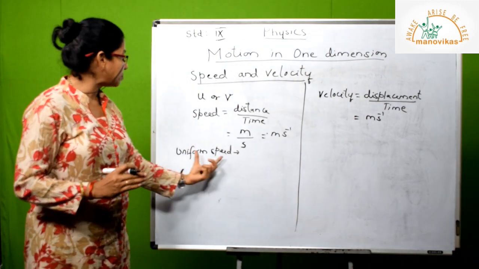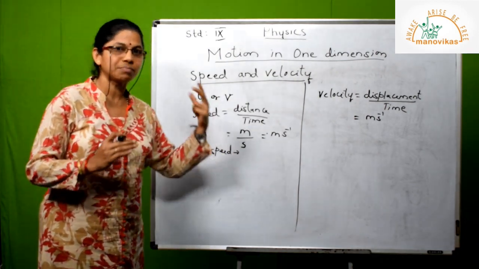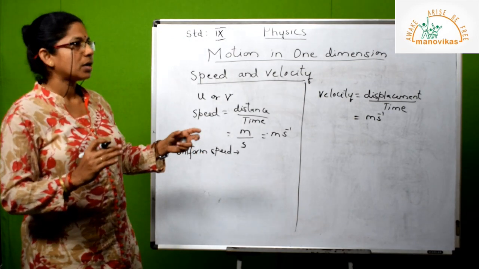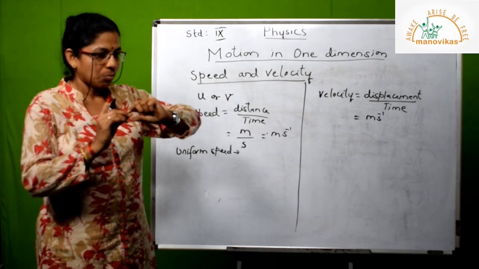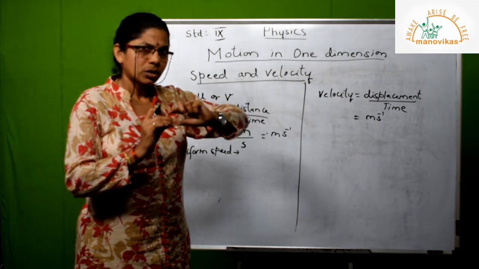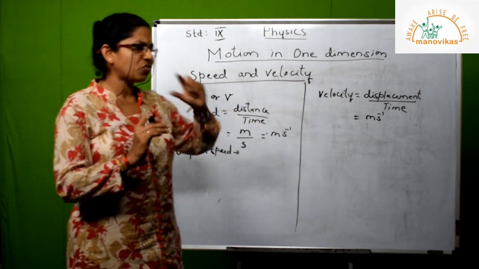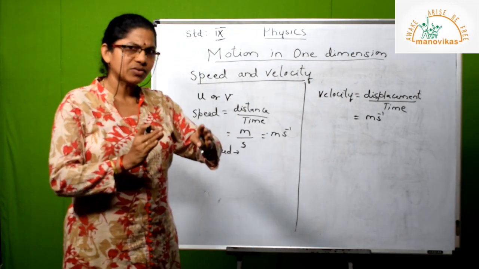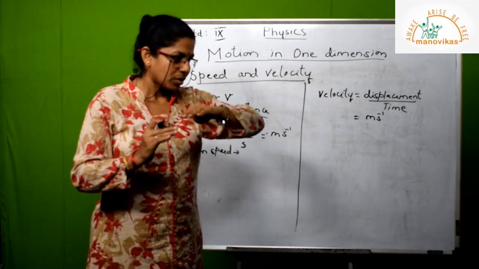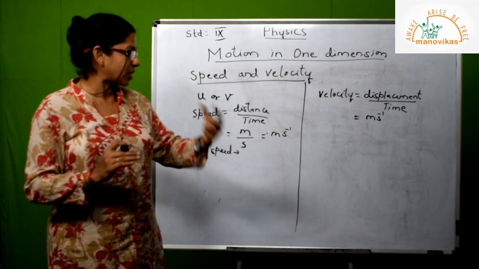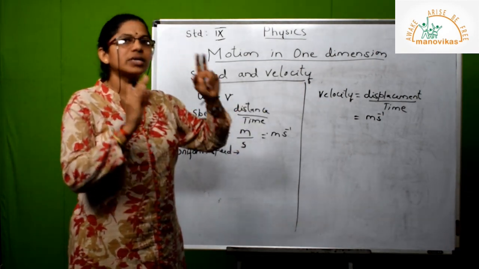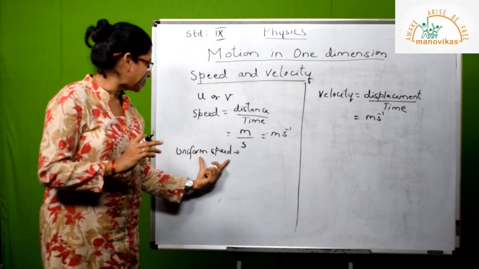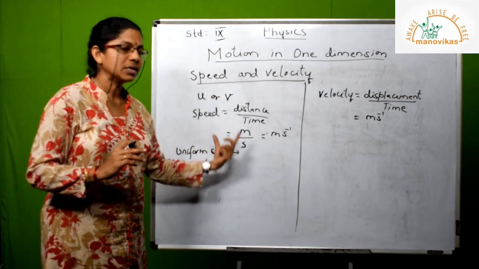For example, there is a frictionless surface and a ball which is thrown and allowed to roll. Since there is no friction on the table, you find equal distances will be covered by that ball in equal intervals of time. Such speed is called uniform speed.